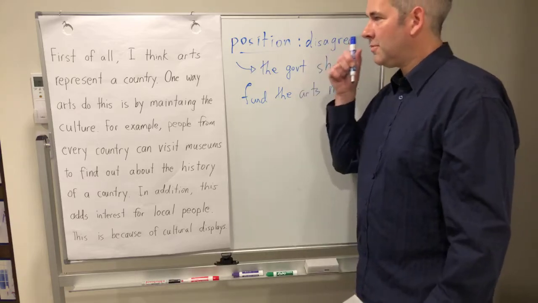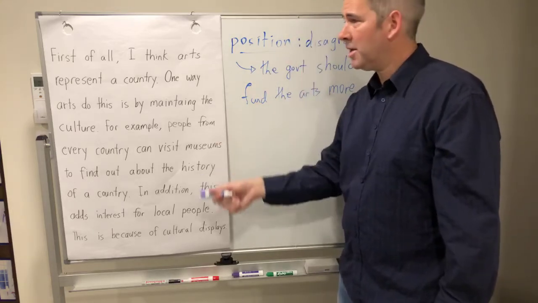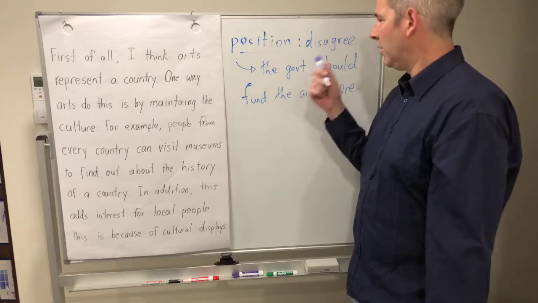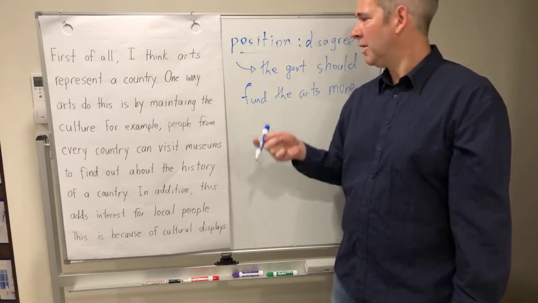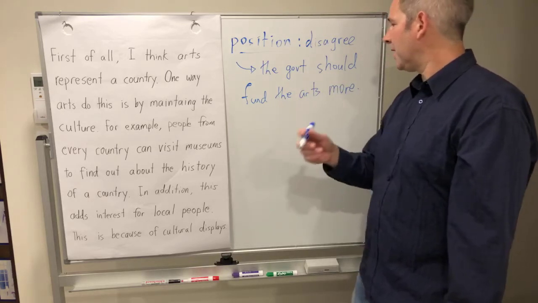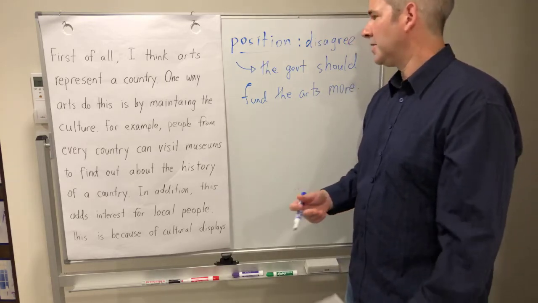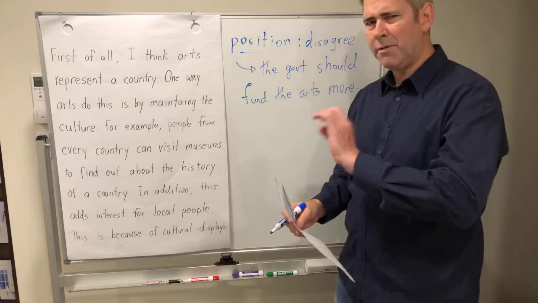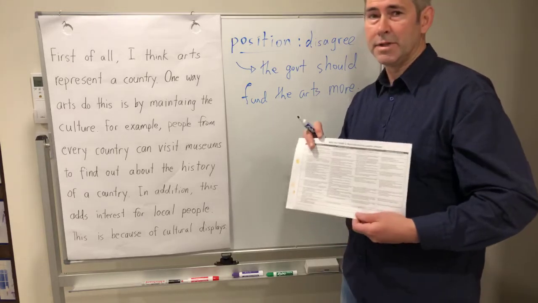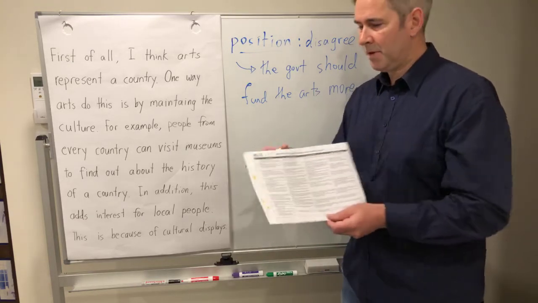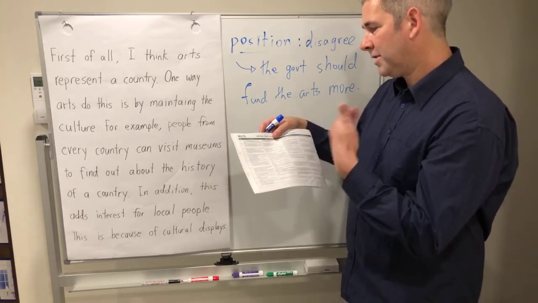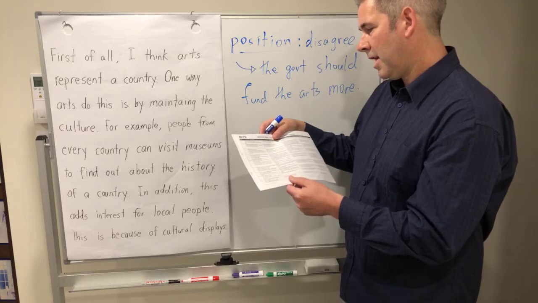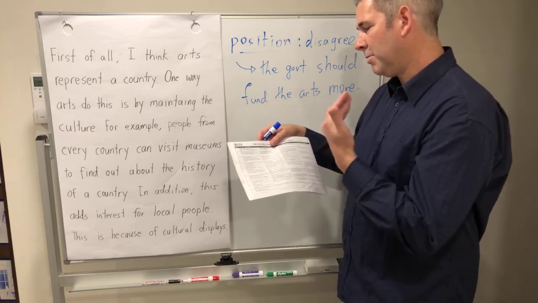Okay, so remember, in this main body paragraph, we're looking for the main point that the student is giving to support his position, which is that the government should fund the arts more. Now, what we're really focusing on here in terms of the band descriptors is the task response. It says in band 9, fully addresses all parts of the task and presents a fully developed position.